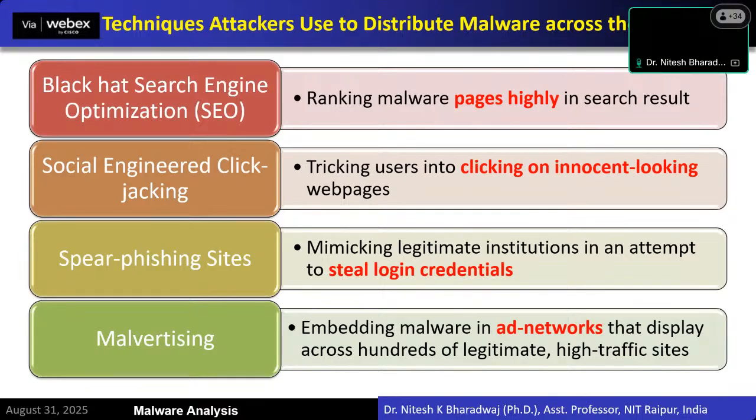You have malvertising also. So here, embedding malware in ad networks that display across hundreds of legitimate high traffic sites. So this technique basically involves embedding malware-laden advertisements in legitimate online advertising channels to spread malware on the systems of unsuspecting users. So this is how they send malware through these advertising websites.